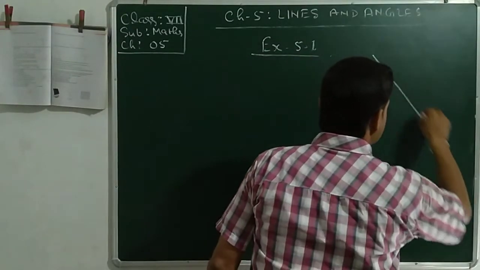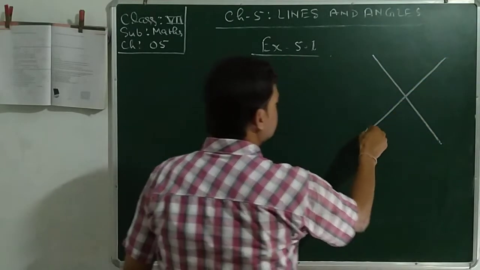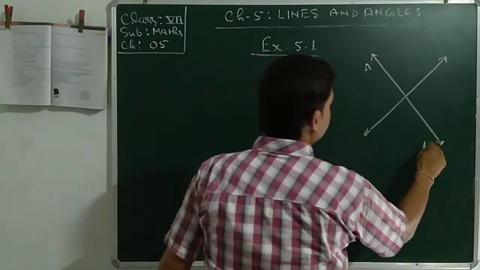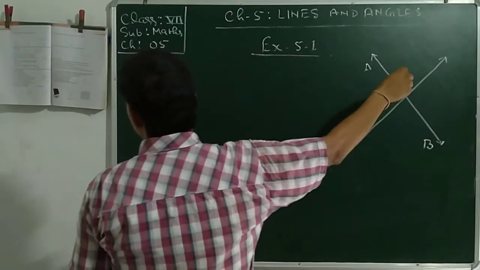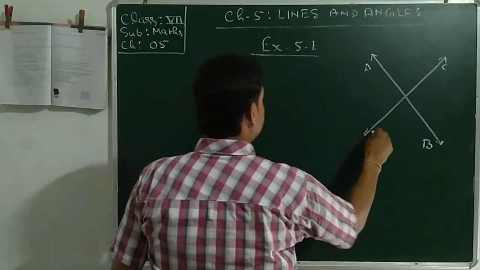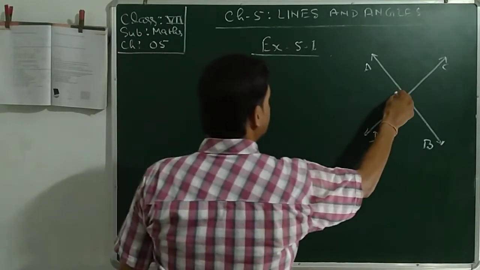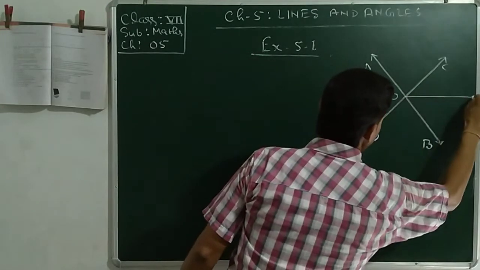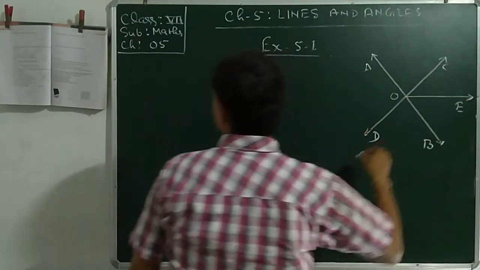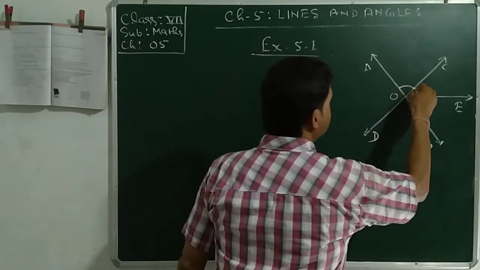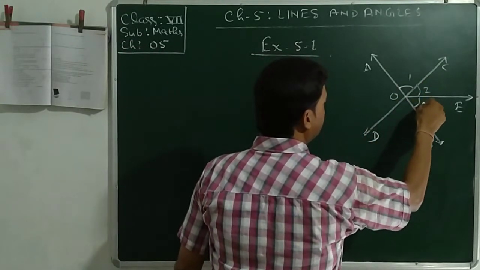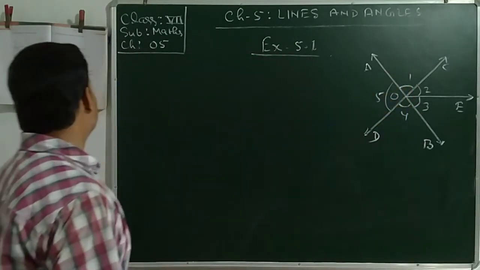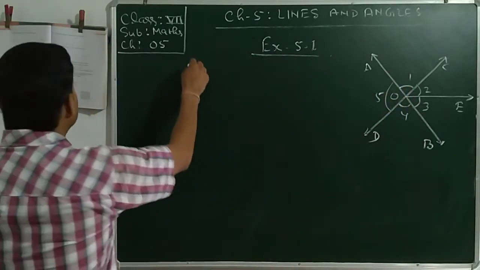Two lines AB and CD intersect at point O. One ray OE is also there. And angles are named as angle 1, angle 2, angle 3, angle 4 and angle 5.